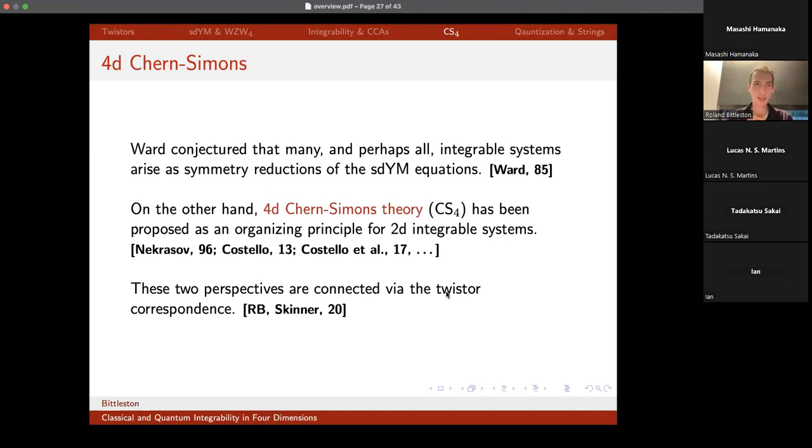But I should also say, in the context of self-dual Yang-Mills, it is one-loop finite, so that case is certainly fine. But in the case of the 4D WZW model, there's a way, basically using the B-model topological string, to quantize it and fix the counterterms. But we'll come to that.